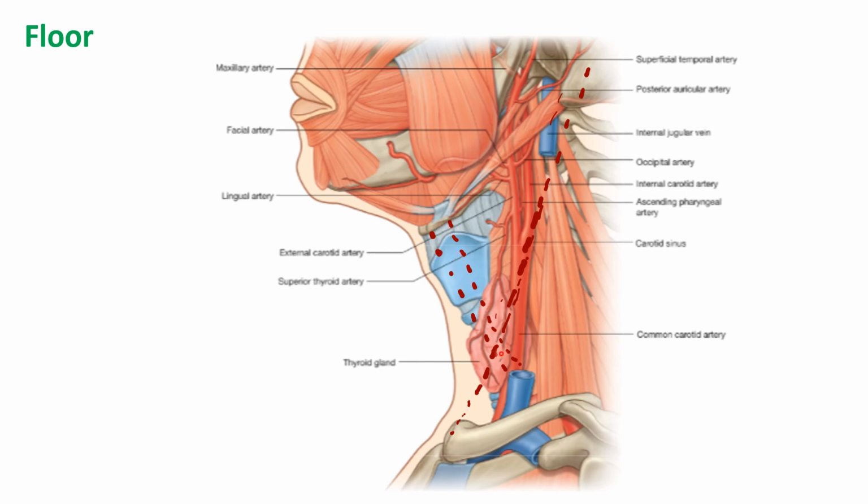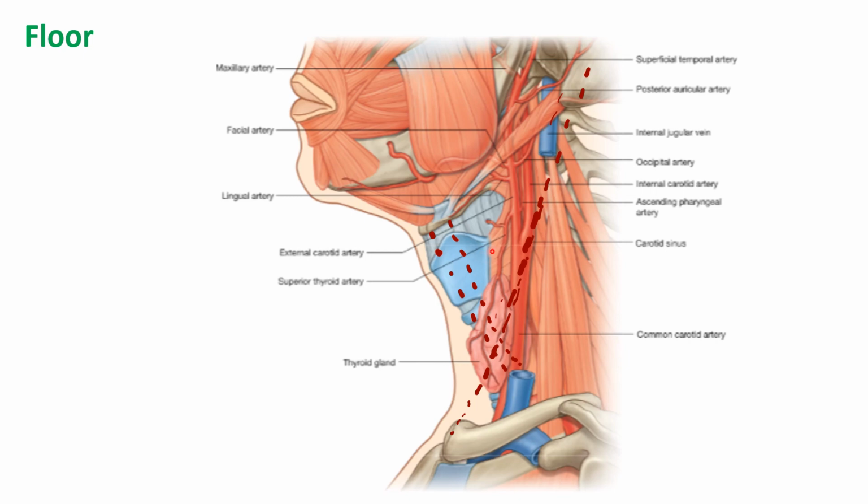This I've made as the plane in which the superior belly of omohyoid would be, and this would be the plane of the sternocleidomastoid. So this area is the carotid triangle, and in it, this is the thyroid cartilage, and you can see this is the oblique line.